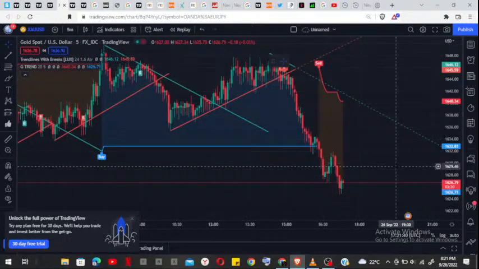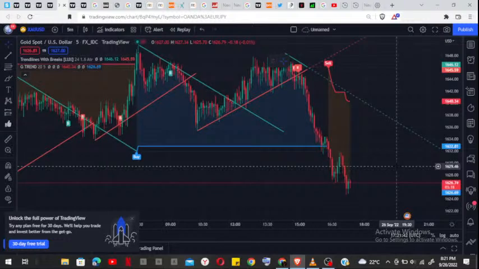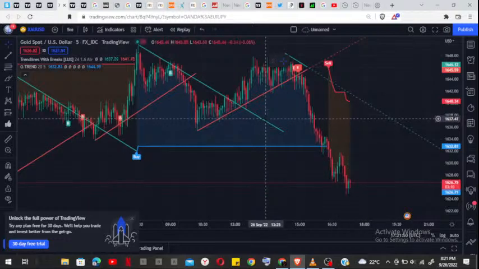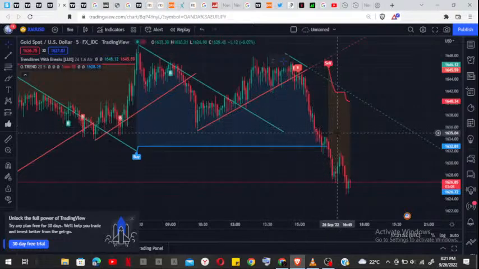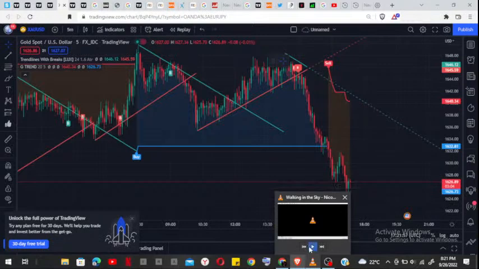If you are that trader who always trades in the 5 minutes time frame, this will help you know when to buy, when to sell, and so on. The list keeps on going and going. I'll just let this play as you see how the market is going to play along.